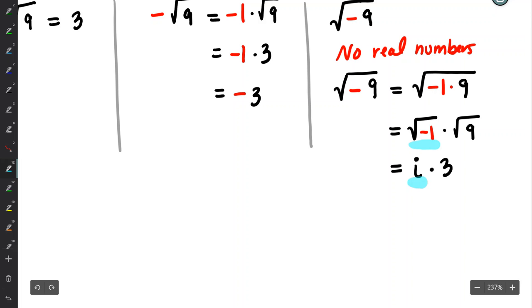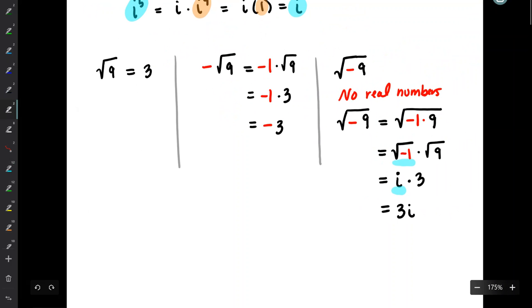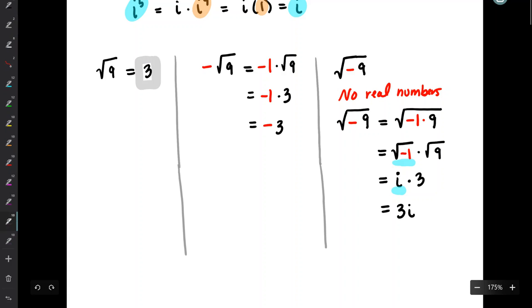Those guys are equal. And order doesn't matter in multiplication. 3i reads the nicest. Right? Let's box our answers. Okay.